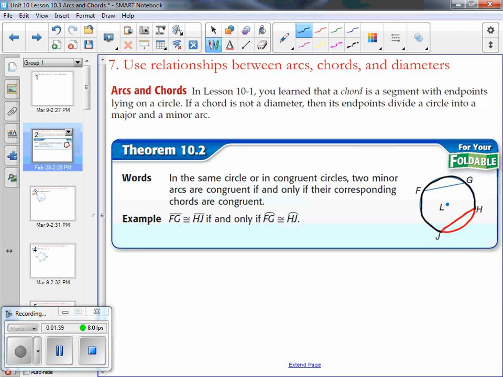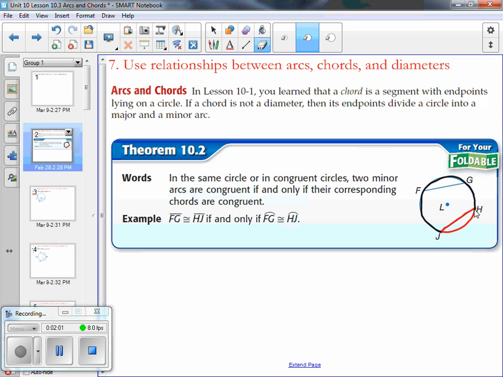And the nice thing about that relationship between the central angle and the arc was that they had the same measure. We could do that because they were both measured with degrees. We can't have quite the same relationship between an arc and a chord, because a chord can't be measured in degrees, it's a segment. Okay?